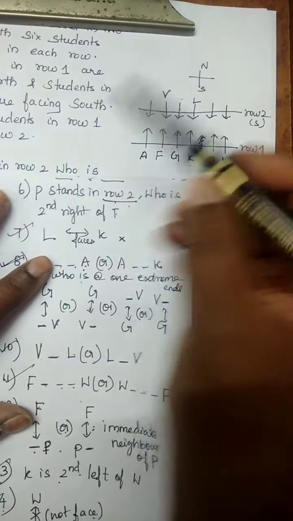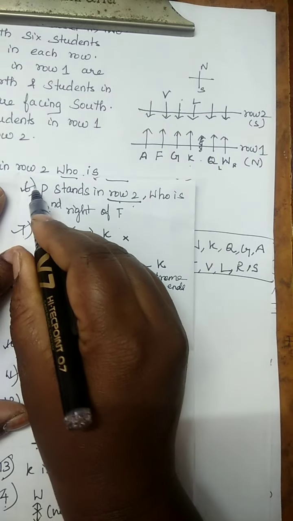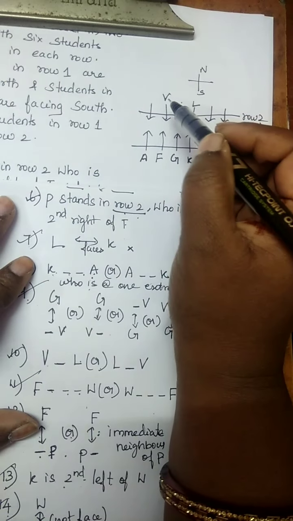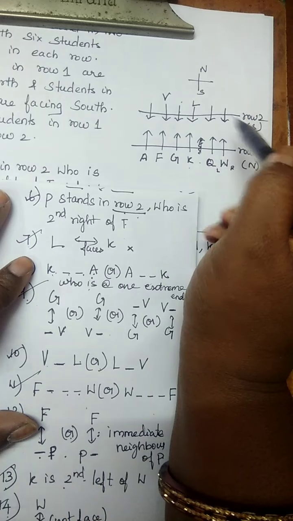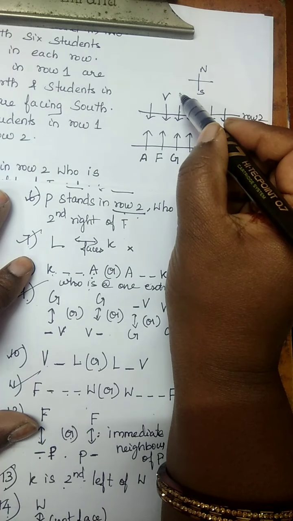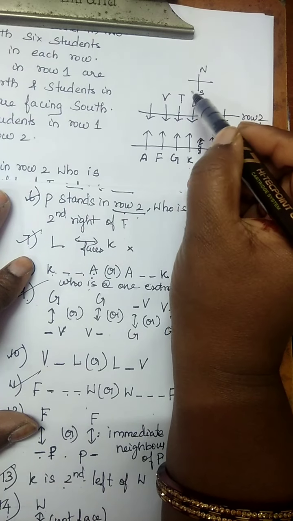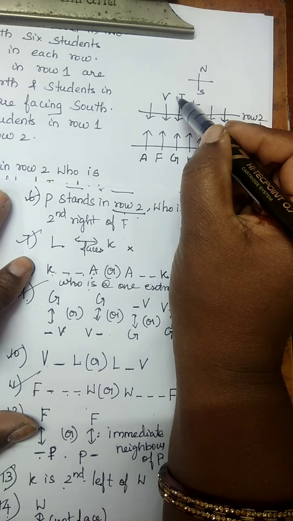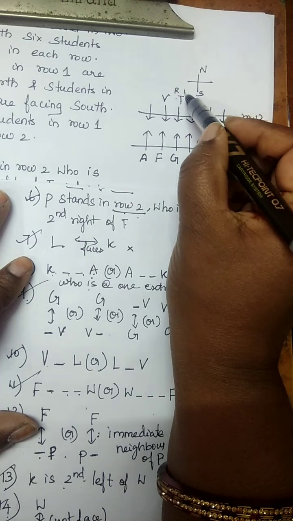But see here the 6th clue. P stands in row 2, second to the right of T. If T is here, T is facing south, so this is right and this is left.